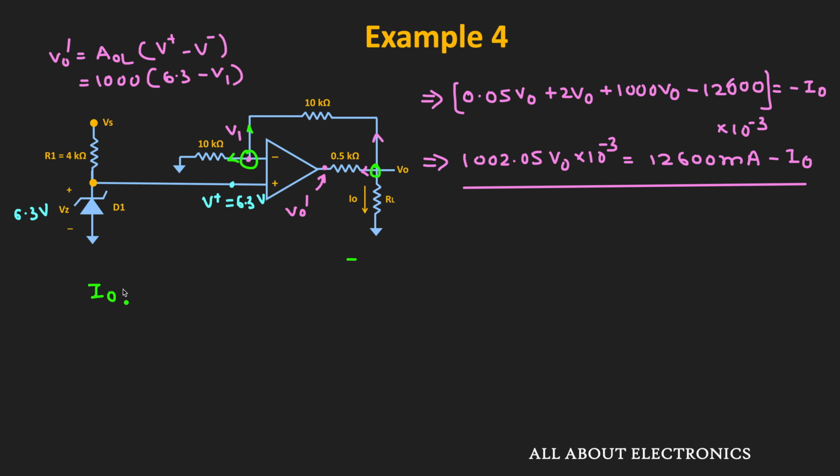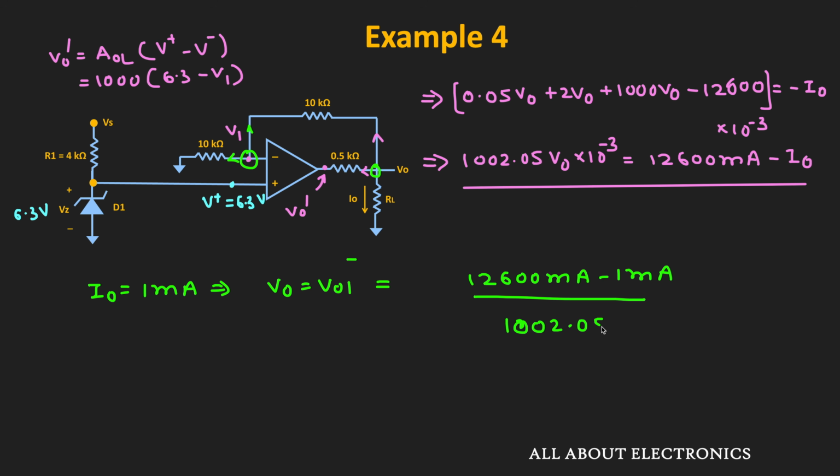Whenever the output current is equal to 1 milliampere, at that time, let's say V0 is equal to V01. So that is equal to 12600 milliampere minus 1 milliampere divided by 1002.05, and of course it will get multiplied by 10 to the power minus 3, and that is the value of V01. If you calculate, then that will come out as 12.573 volt.